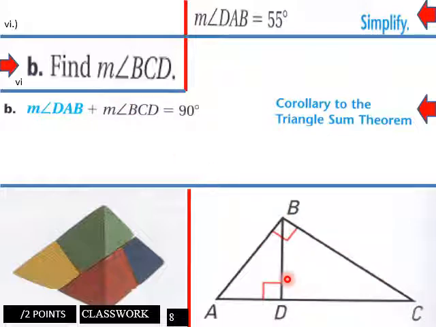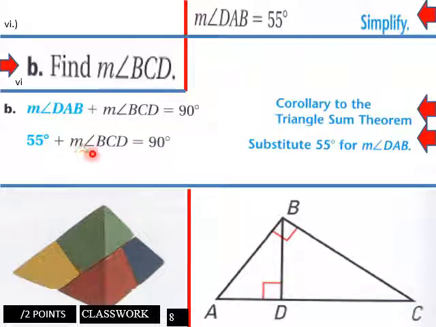And then the measure of BCD, find the measure of that angle. We know that BCD has got to equal 90 because we have a 90-degree angle here. By the corollary to the triangle sum theorem, the measure of DAB plus angle BCD equals 90. We know that here.